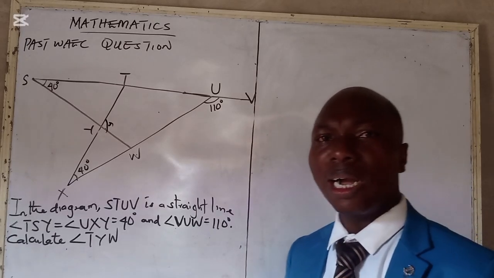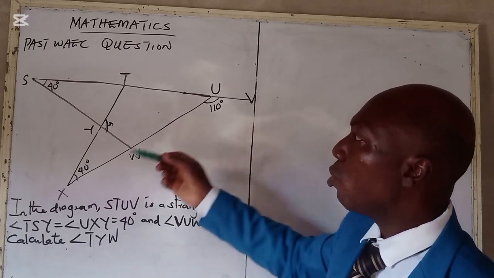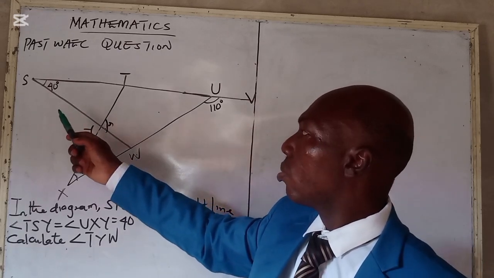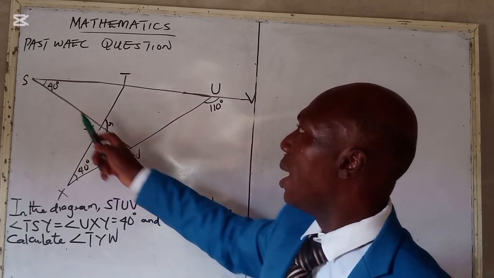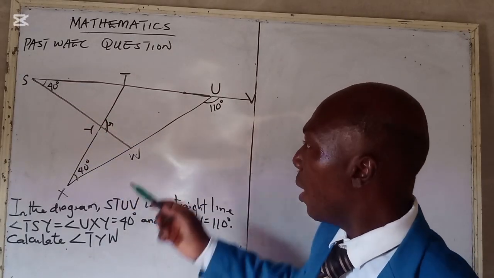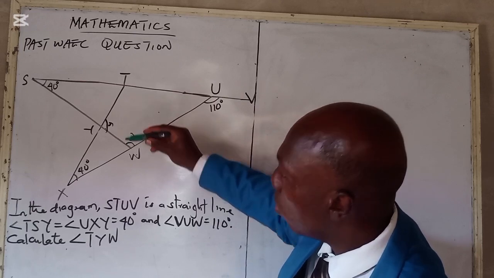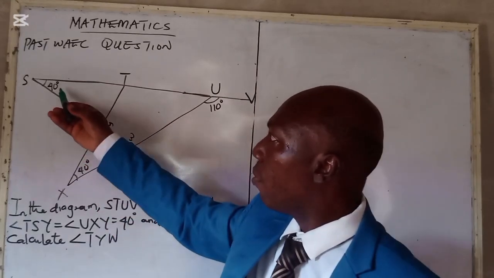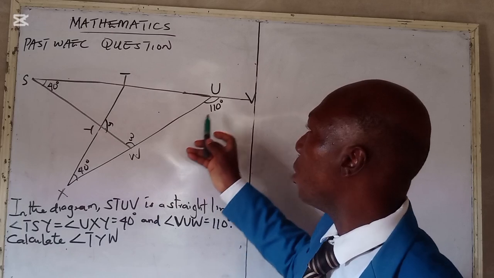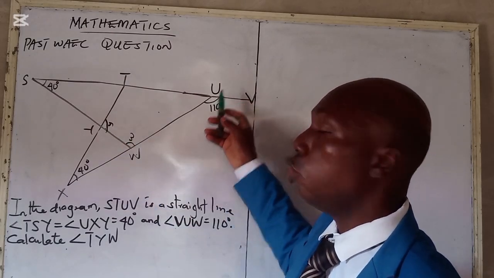But before you can calculate that angle, we know that angle WSU is a triangle. And this angle here, let's call this small w. The addition of 40 and w will give us 110 from triangle SWU.